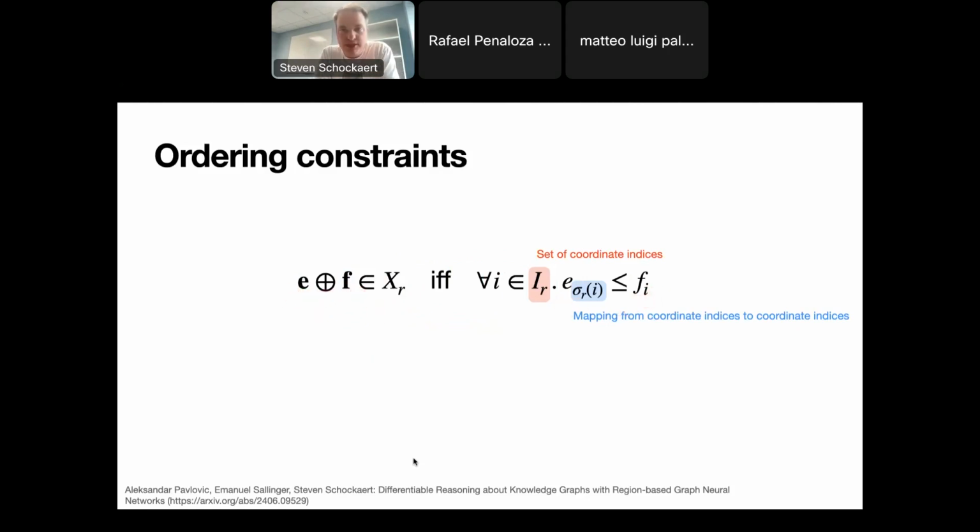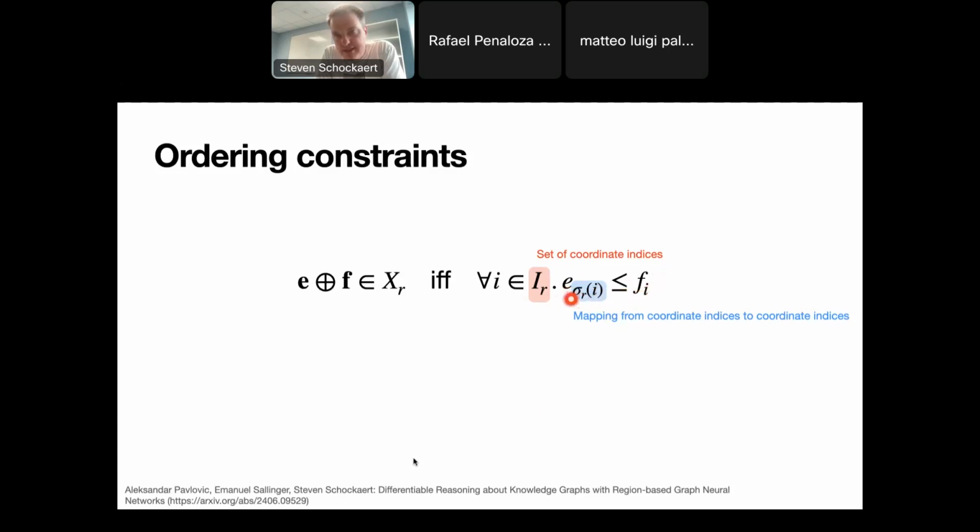Now, what are these inequalities? Well, we have to model a relation. We specify a subset of the coordinates. So let's say we have n coordinates, I_R is a subset of these n coordinates. And then for each coordinate i in this set, we have this inequality. This inequality just says that some coordinate of entity E has to be less than some other coordinate of entity F, and they're not the same coordinates.